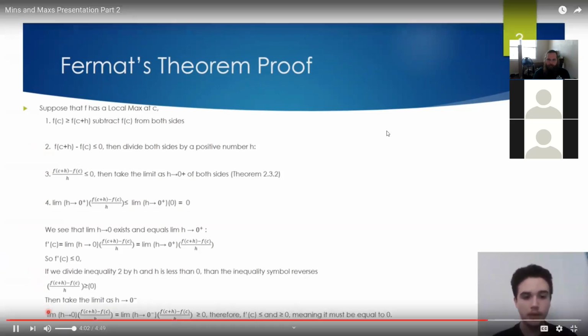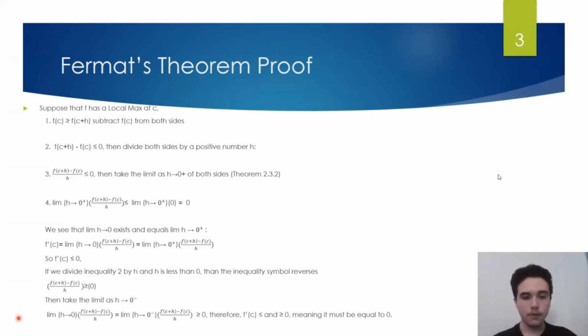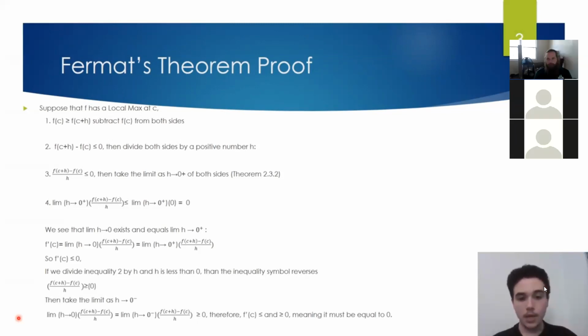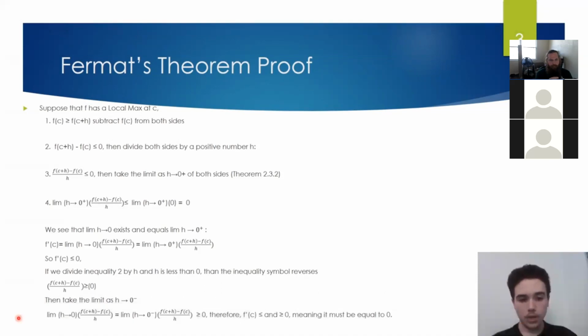Then we take the limit as h approaches 0 from the left instead of the right this time. So we have the limit as h approaches 0 of f of c plus h minus f of c over h equals the limit as h approaches 0 from the left of f of c plus h minus f of c over h, which is greater than or equal to 0. Therefore, the derivative of f at c is both less than or equal to 0 and greater than or equal to 0, meaning that it must be equal to 0.